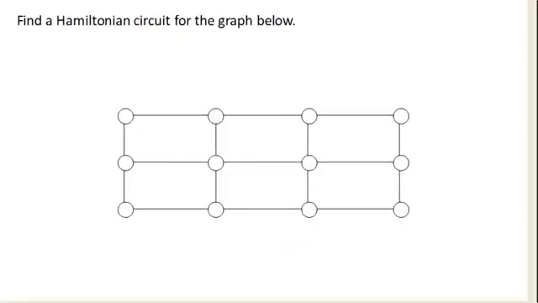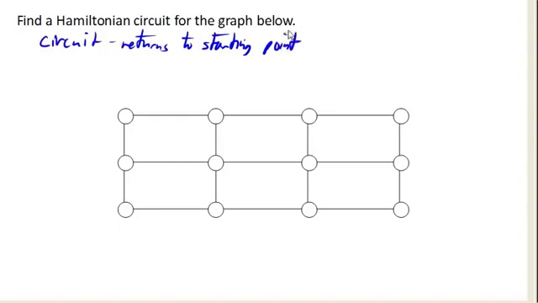So here we want to find a Hamiltonian circuit for this graph. Now a Hamiltonian circuit is first and foremost a circuit, right? Which remember means that it's a path that returns to the starting point. Now, you might remember an Euler circuit was one that covered every edge exactly once, and we didn't care about the vertices.